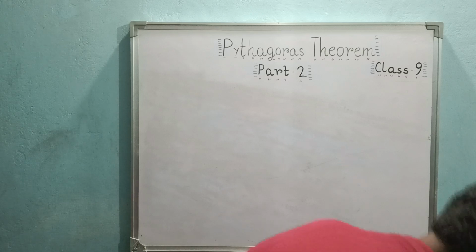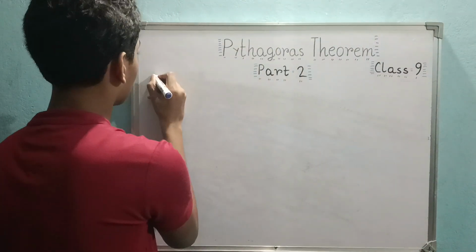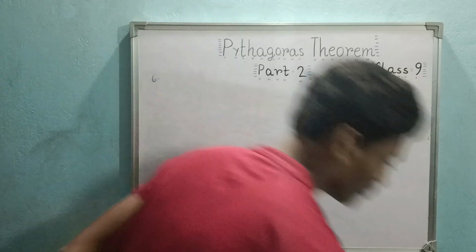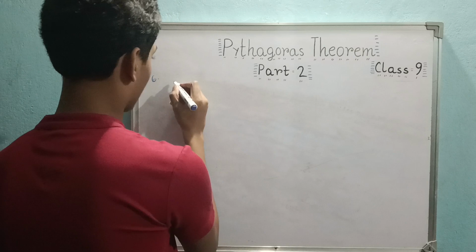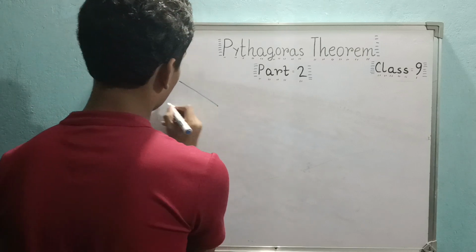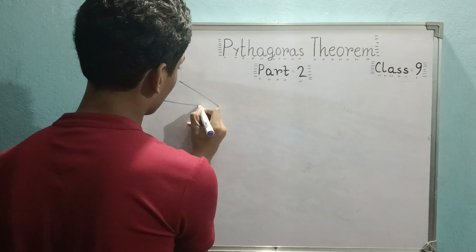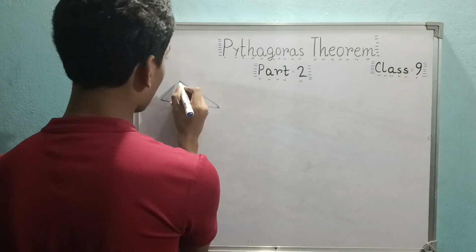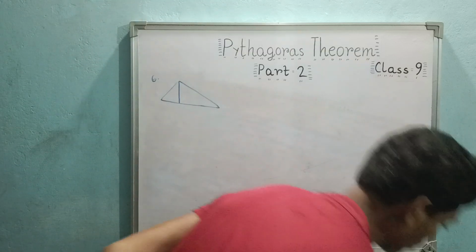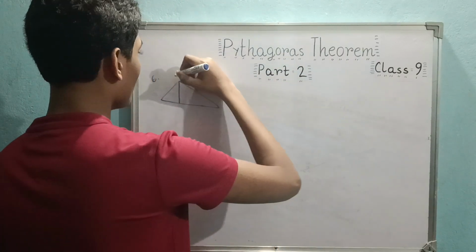Let's see the last question. Question 6. Okay, another triangle is given to us. Good question again. Conversion questions are fun to solve. So it is like A, B, C, D again.